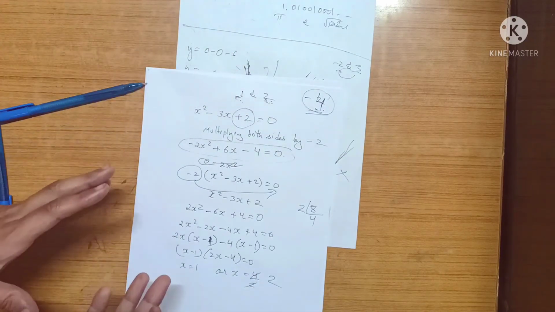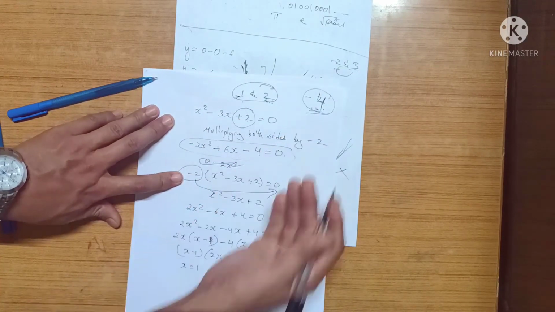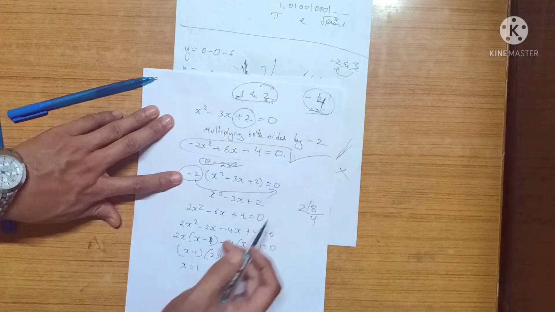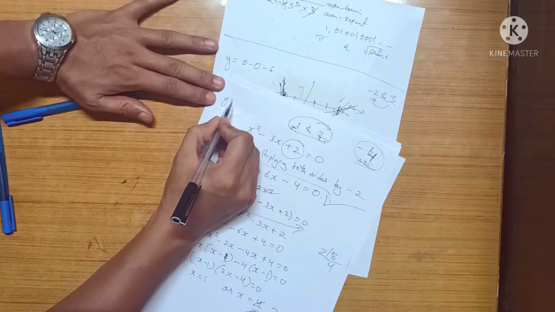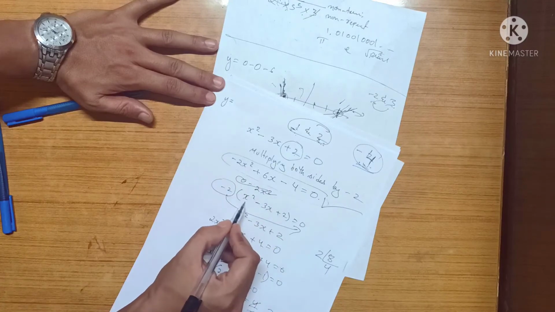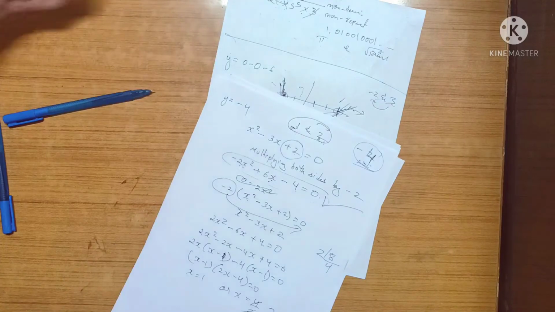So if you want an equation with this as zeros and passing through the y-intercept at minus 4, then this is the equation. Because when you want to find the y-intercept, you put x as 0 there, so 0, 0 and the last term gives minus 4 for y.